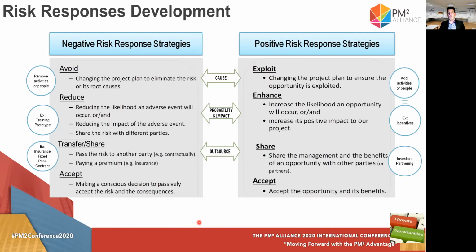Or you can follow passive acceptance if it is a very low risk and you are thinking, okay, I have identified that, I'm accepting that, I will see what I will do with this one if it happens.